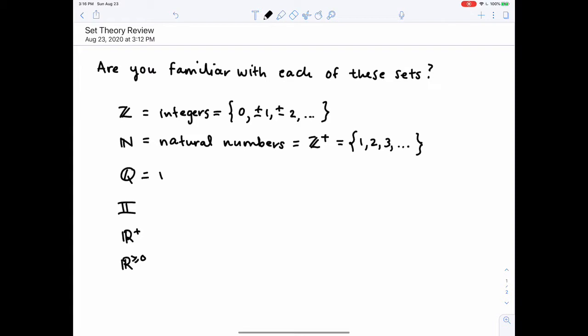Q stands for the rationals. And this is just a set of any number that can be represented in the form a over b, where a and b are both integers, and where b is not 0.